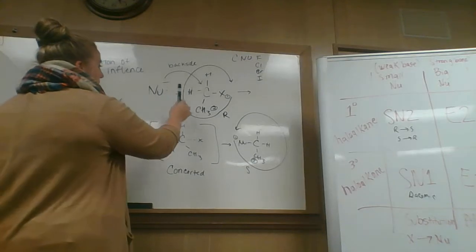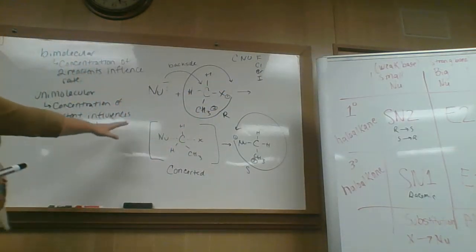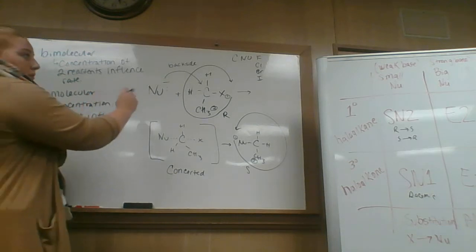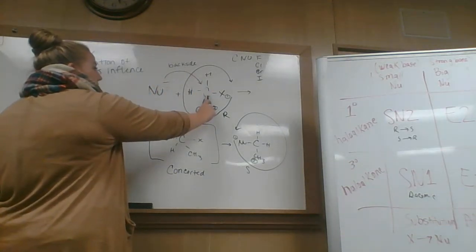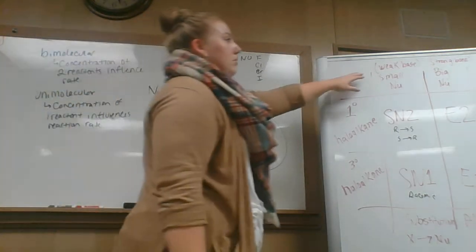So, I talked about the classification of the alkyl halide. I didn't really talk about the nucleophile, but basically the reasoning for both of them is nearly identical. So again, we talked about how this nucleophile is coming in and attacking that center carbon. In order to do that, you have to have a small nucleophile.